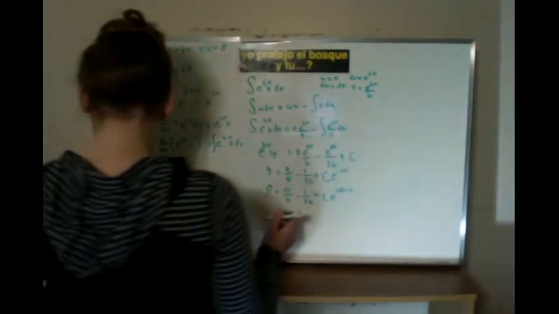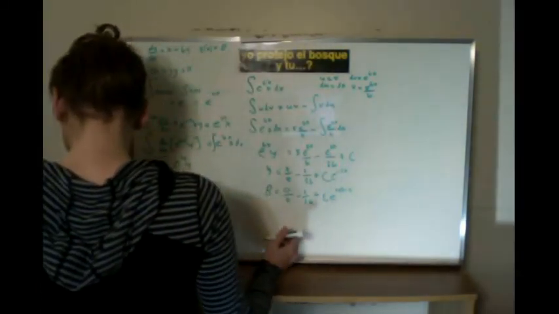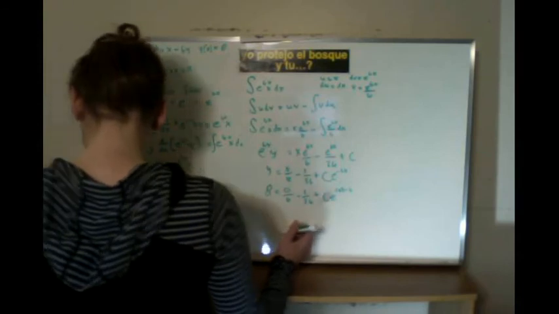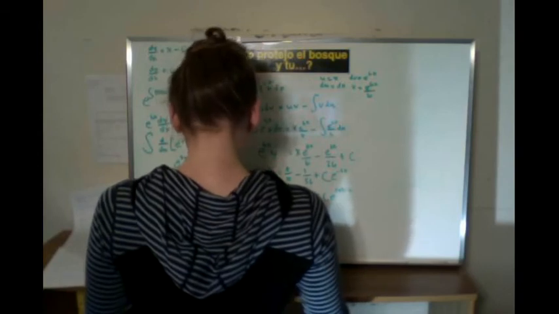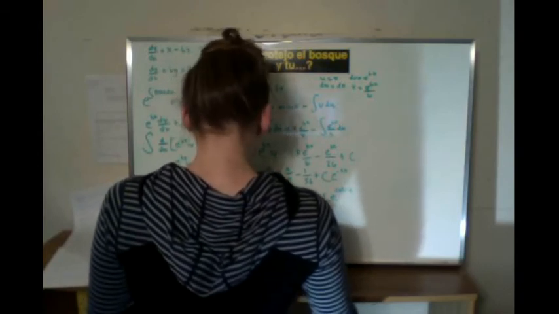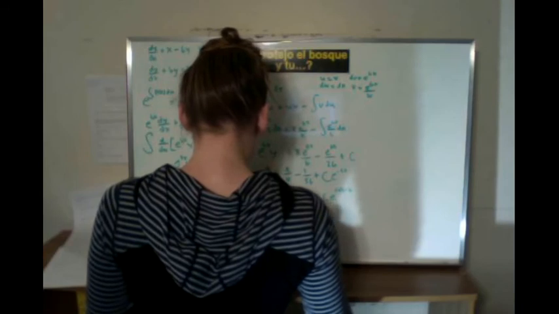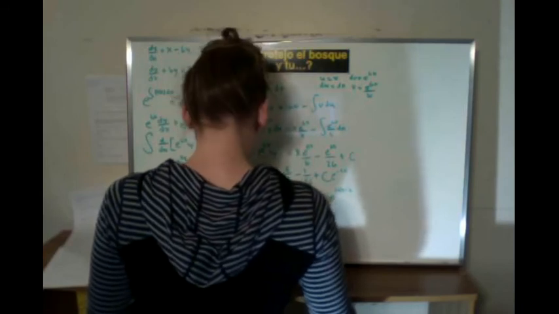Simplifying gives us c equals 289 over 36.